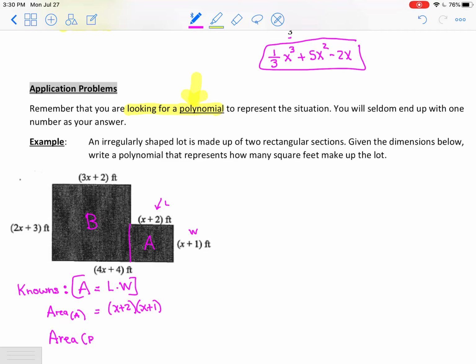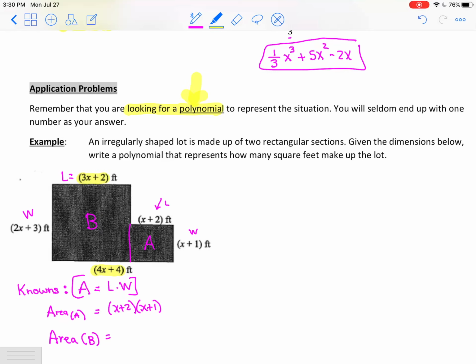And if we were to take a look then at our rectangle B and try to figure out the length and width there, well, it kind of looks like this up here would be my length, right? And this would be my width. Now we can double check that. We have this 4x plus 4 feet down here.